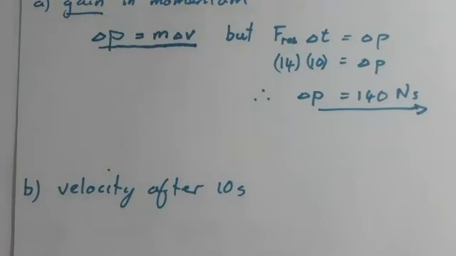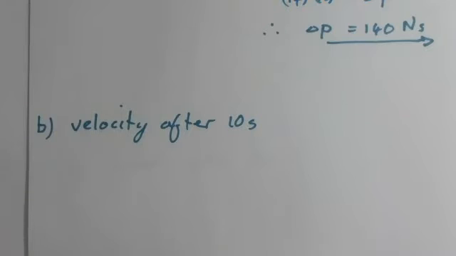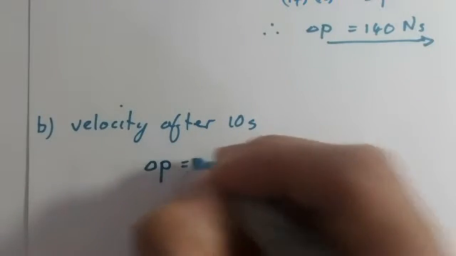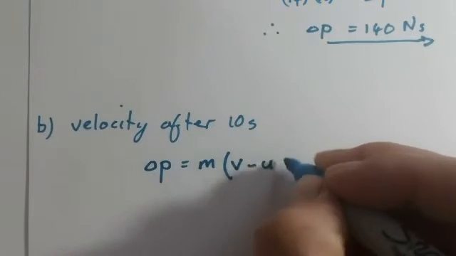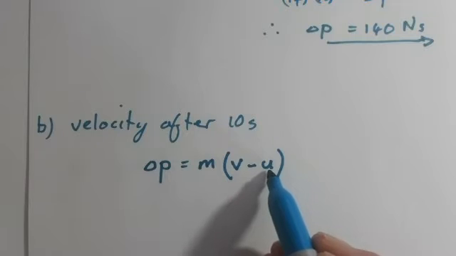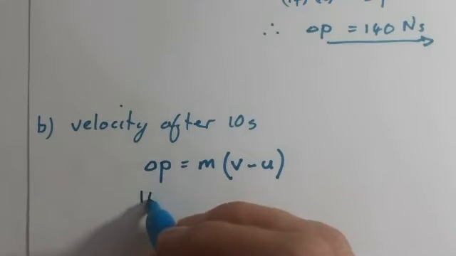So I can state it like this: change in momentum is mass times my final minus initial velocity. Luckily, well, not luckily, but yes, my initial is 0, so it simplifies my whole calculation.